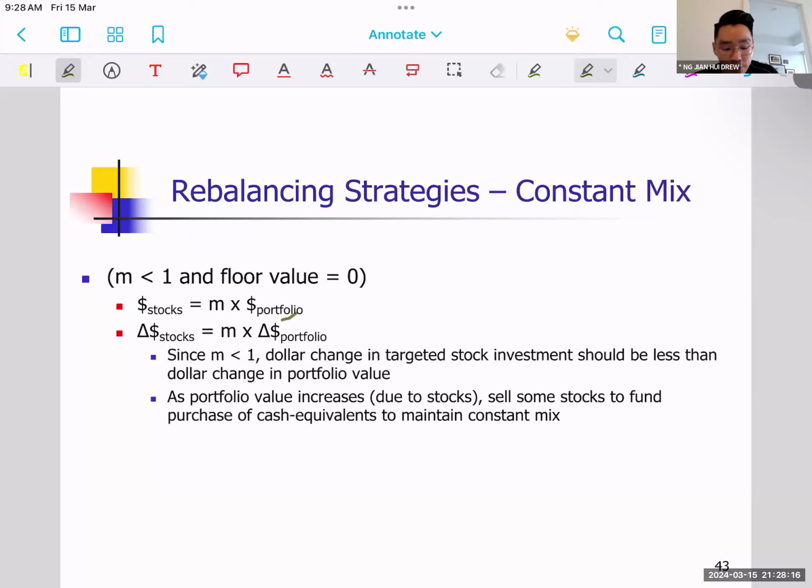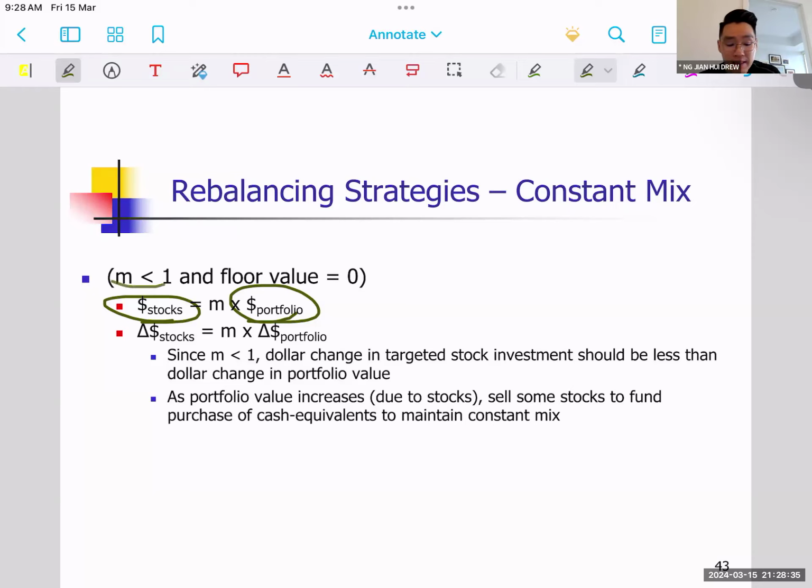The change in the portfolio value is simply due to the change in stock price, but it's less, right? Because we keep on having to sell when the price is going up.